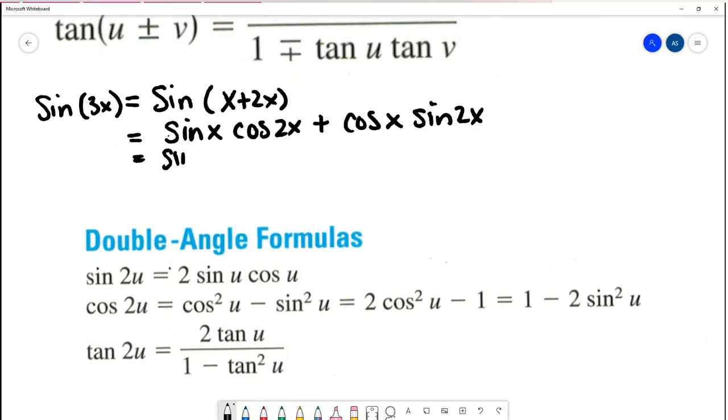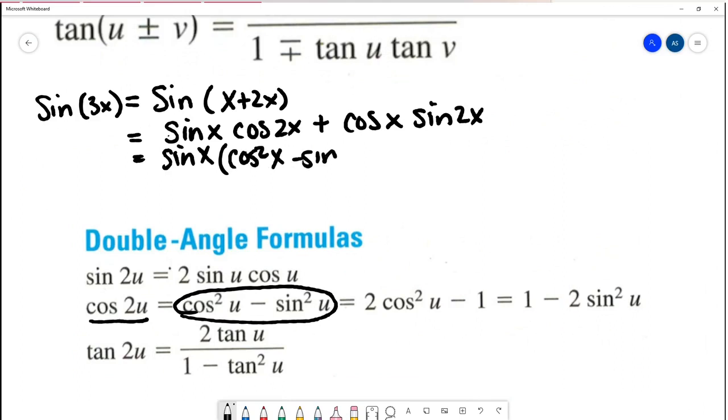I'll be able to write sine x times the double angle for cosine. It's right here. And I'm not sure which one I should use. Let's try this one here. Cosine squared x minus sine squared x plus cosine x. We'll use the double angle identity for sine.